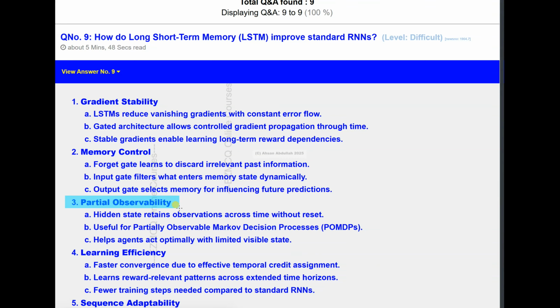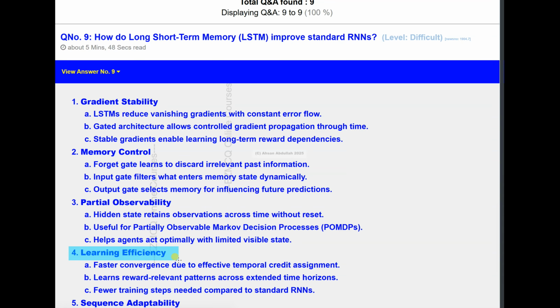Then is the partial observability. LSTMs maintain hidden state over time, which allows agents to act intelligently even when full environment information isn't observable, which is not an exception but the reality, the everyday thing.